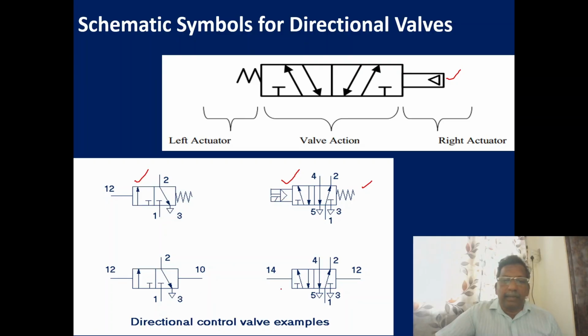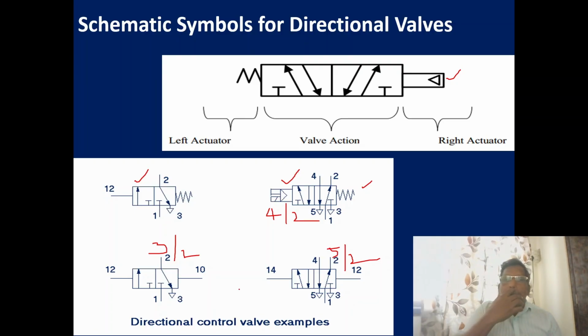Here both sides are pilot operator. Here also both sides, but 5 by 2. Here it is 3 by 2, and here it is 4 by 2. Okay, so these are some examples.